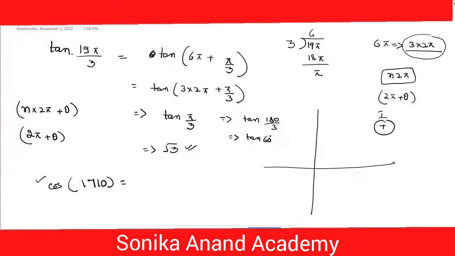Listen. Everything is a multiple of 2 pi, which means it is a multiple of 360 degrees when it is greater than 360. So now we have 1710, so we have to divide it by the number 360.